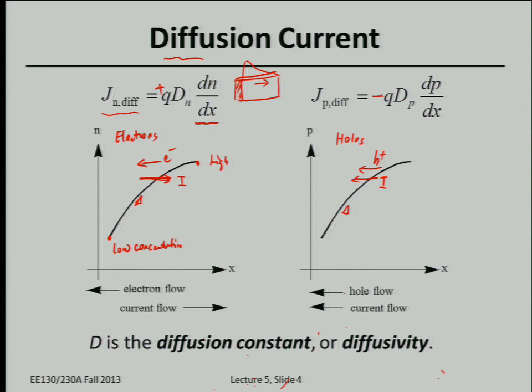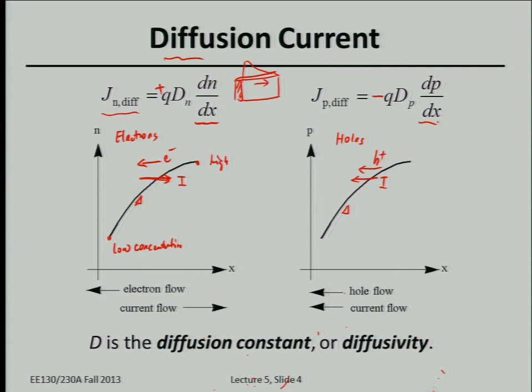Just keep in mind that the diffusion current of the holes has the opposite sign to the hole concentration gradient, but the electron diffusion current shares the same sign as the electron gradient, because the two particles have opposite signs of charge.